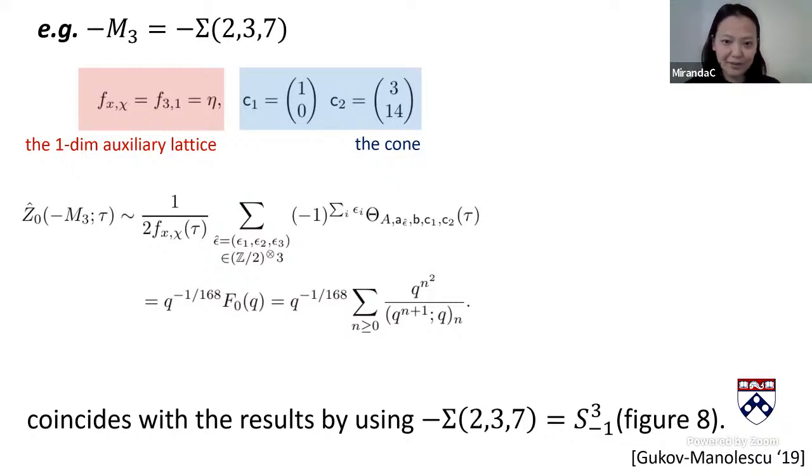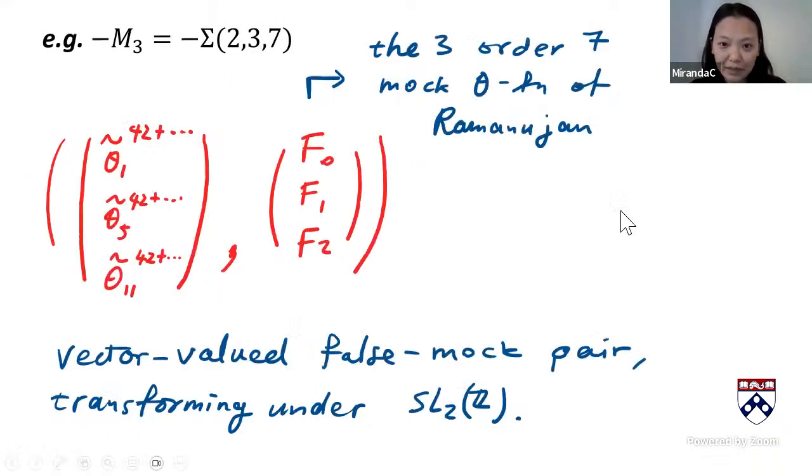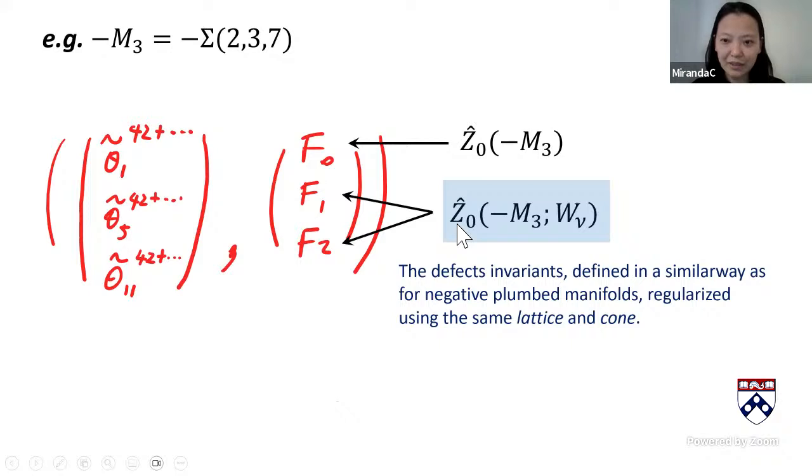Okay, that's nice. And then it shouldn't come as a surprise that you could use exactly the same cone for the defect invariants we just defined. And of course, what you get, not surprisingly, is the other components of Ramanujan's order 7 mock theta function.